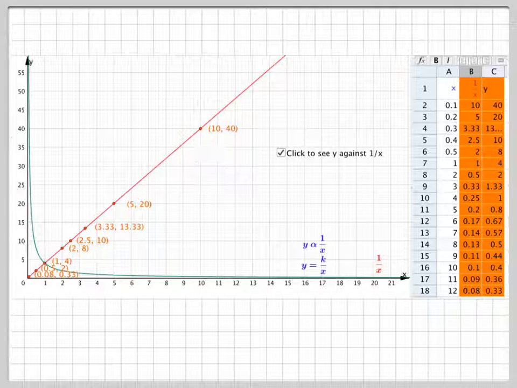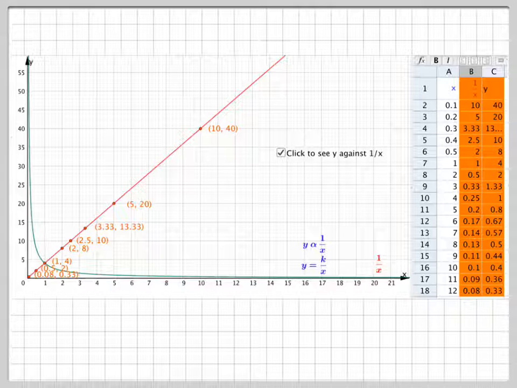The gradient of the line is going to be 4. We can see that easily if we take this point here, 5, 20. This is 20 divided by 5. We get the answer 4, which is the value of the constant in this problem.